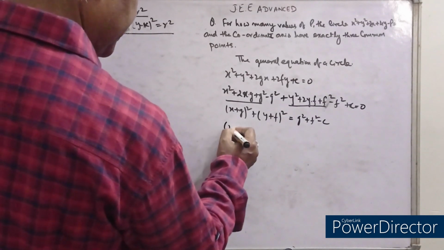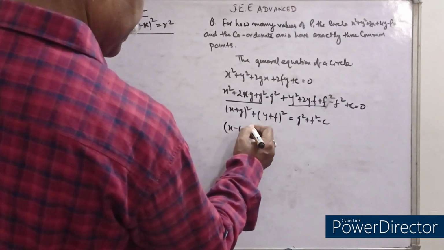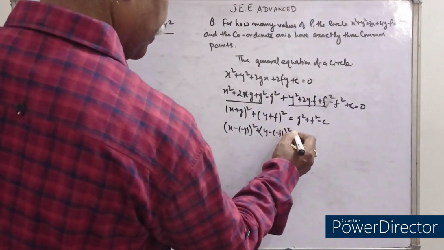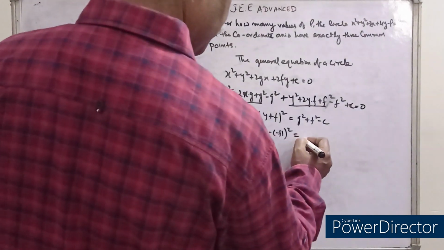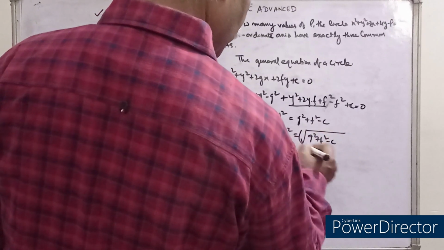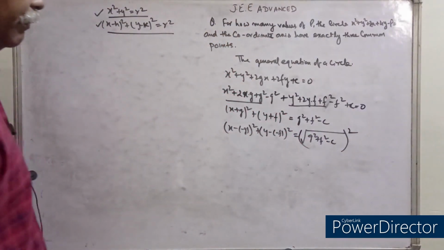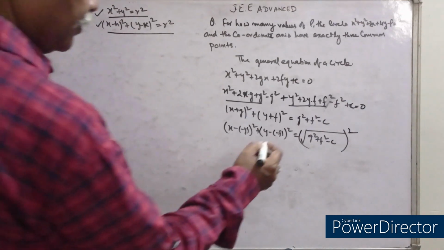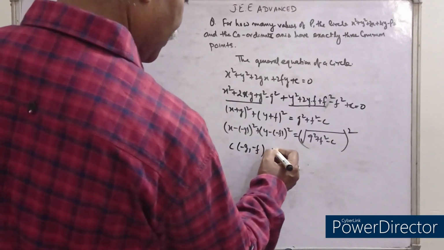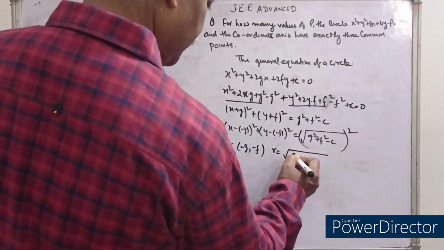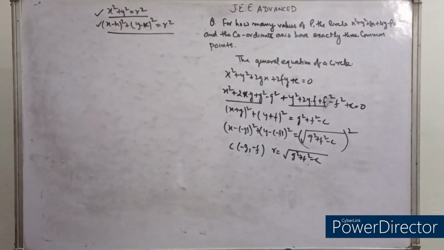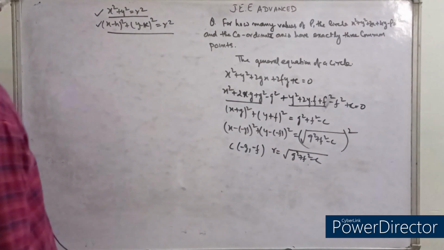So the center is minus g comma minus f, and the radius is root over g square plus f square minus c.